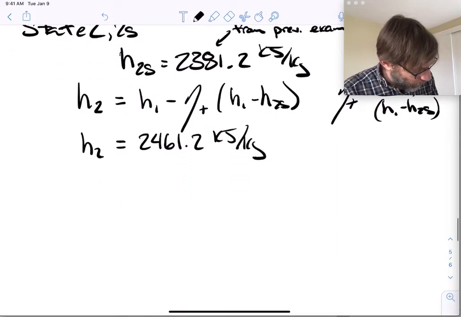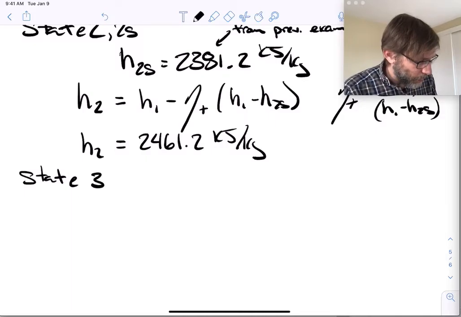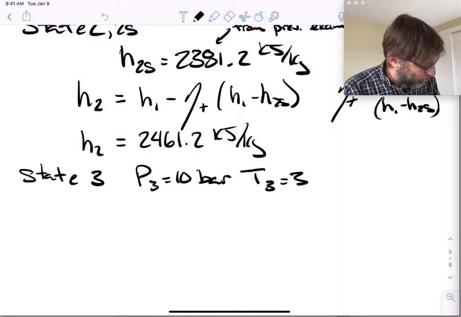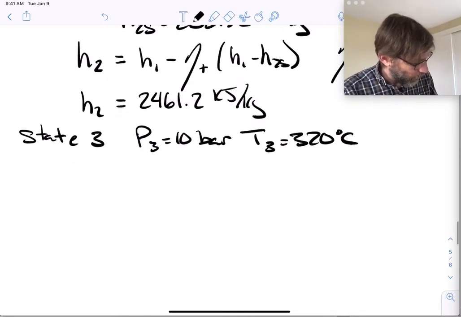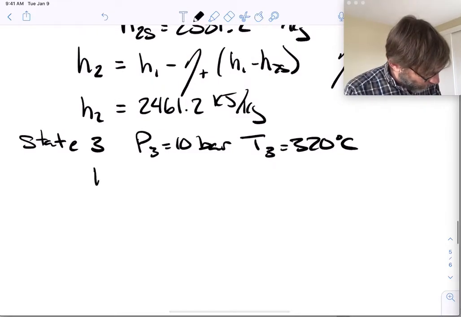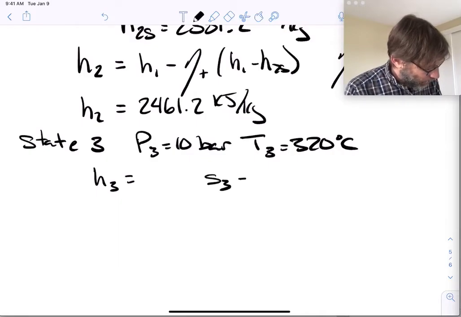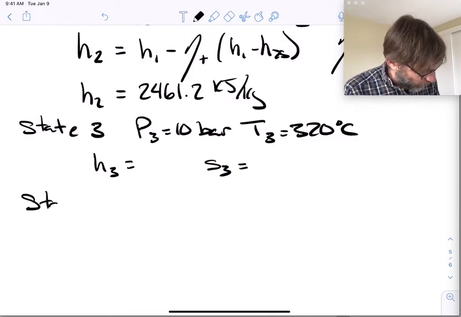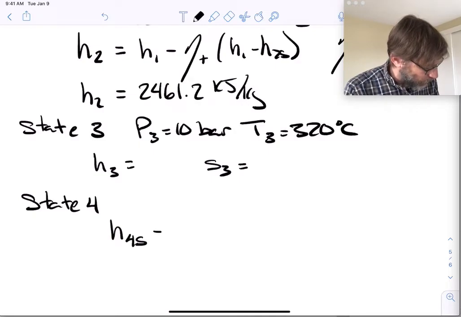And then we do the same thing for state 3. We know P3 equals 10 bar, and T3 is equal to 320 degrees C. We find H3 is from before, and S3 is from before. Then for state 4, we know that H4S is equal to what we had before.